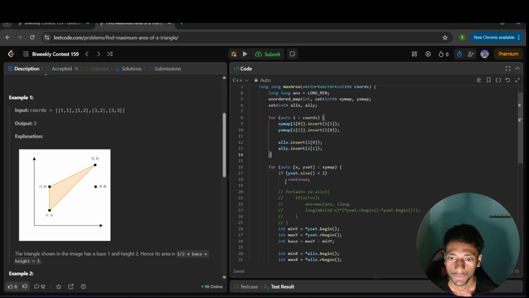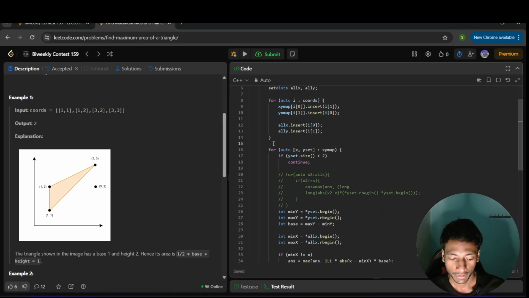So that's why I'm iterating, this is for parallel to the y-axis. Okay, so I'm iterating the xy map. For each x, I actually have multiple y values. So that means this is parallel to the y-axis, and I have some y set.